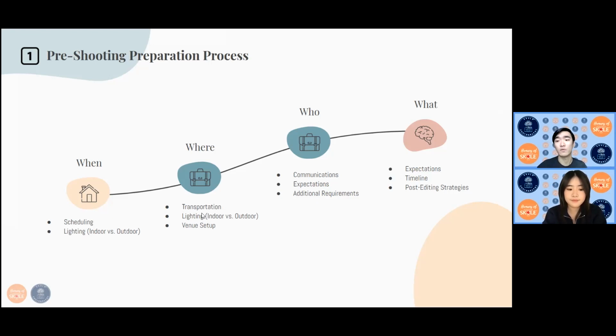For example, if you're just doing a favor for a friend, and she or he just wants to post something new on their Instagram, I might not even do any post-editing. I might even just send them the raw files and say, hey, you play with it, you do whatever you want. But if it's a graduation party photo or convocation, yeah, you have to be a bit more careful, right?